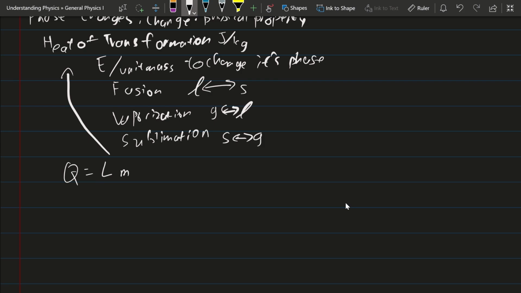You could state that at 100 degrees Celsius, the material itself could be liquid and gas together, for example. But the total amount of heat needed to change the entire thing into vapor is this amount of heat. So that's about the phase change and its heat.